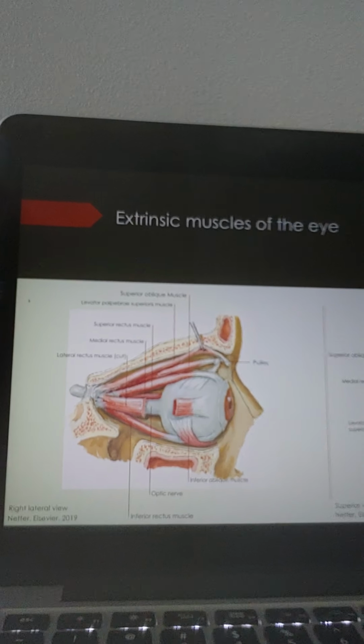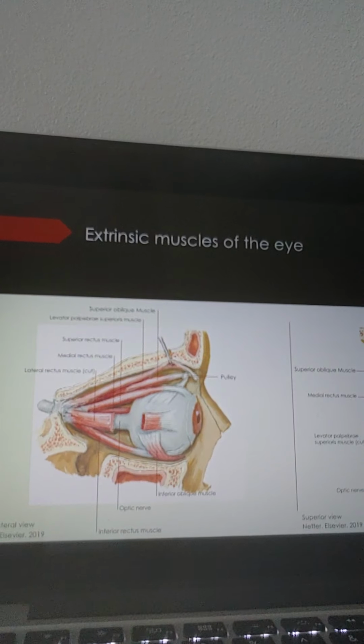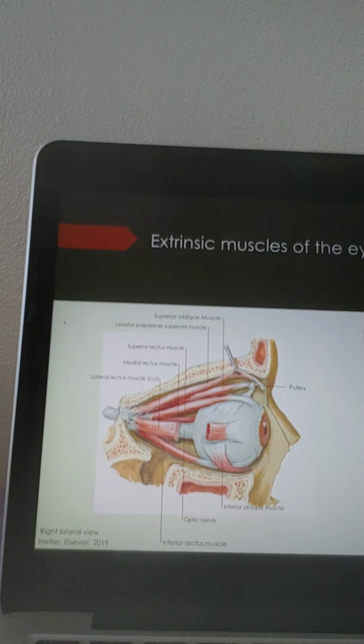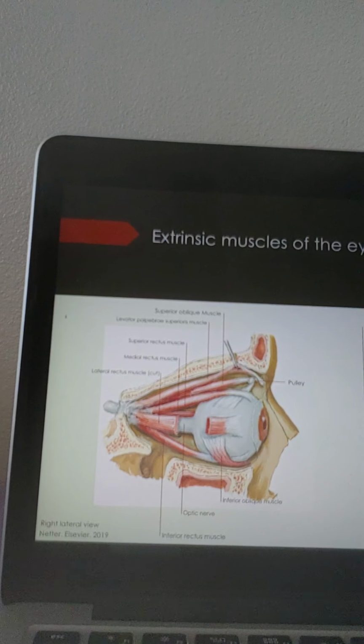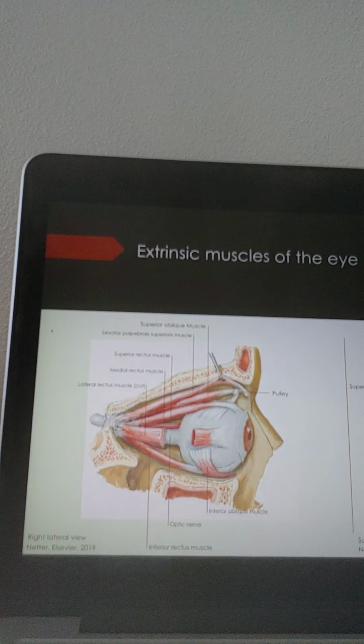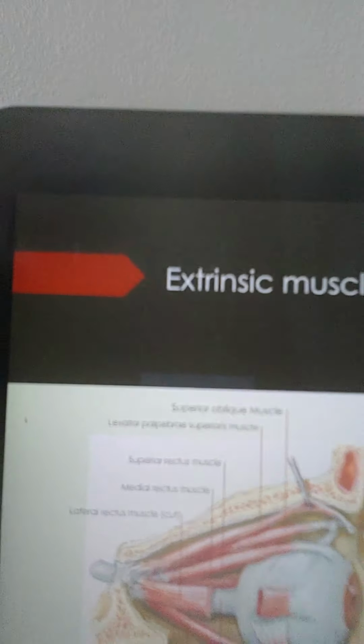Unlike animals like owls and spiders who cannot move their eyeballs, they have to move their whole body, we have these muscles that allow us to move our eyeballs so we can look without moving our body.